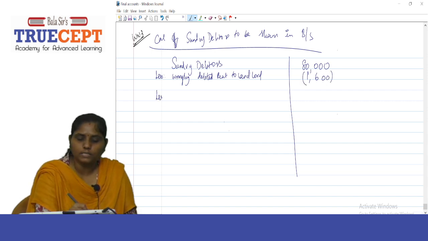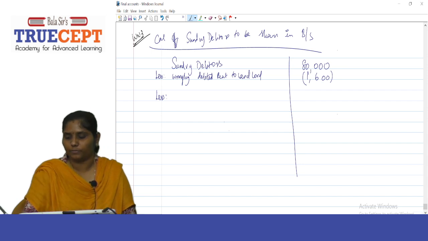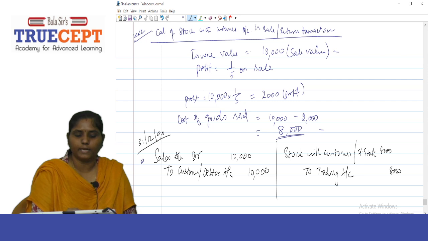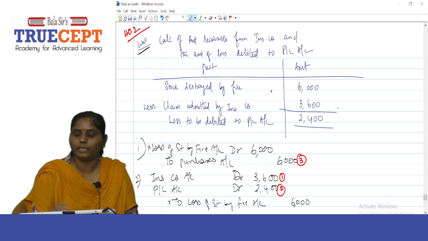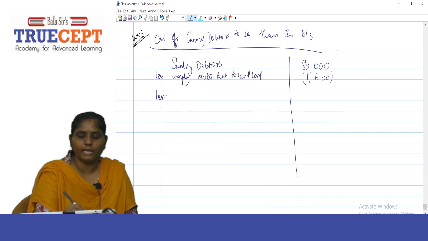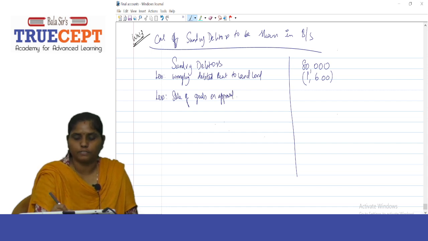Then also subtract, remember the sale, we just passed the reversal entry, this entry. I'm supposed to remove it from sales, right? And also remove it from debtors. Debtor has been credited. So now I'm dealing with debtors. Therefore, less sale of goods on approval basis or sale or return basis. Anything is fine, okay?